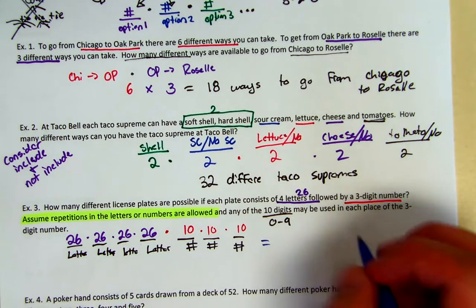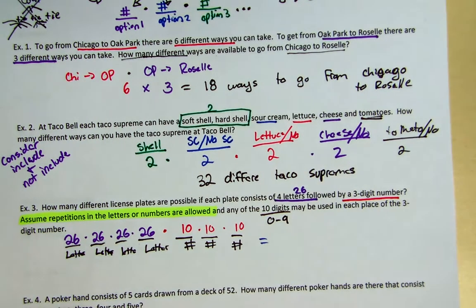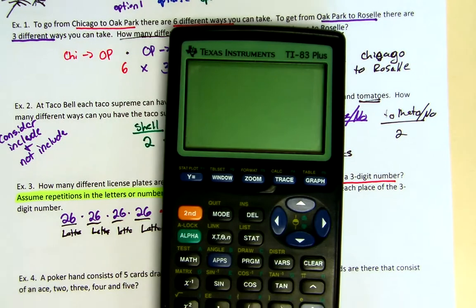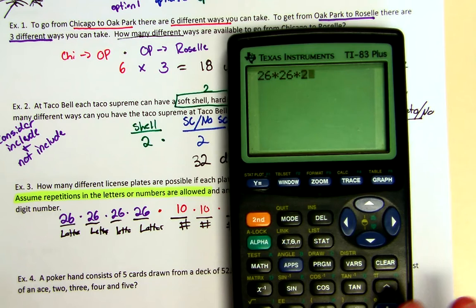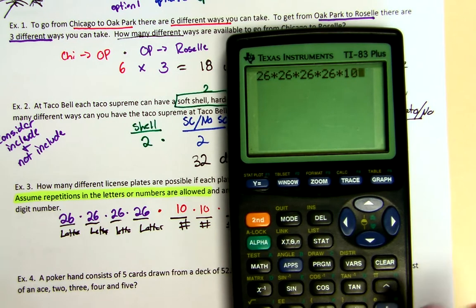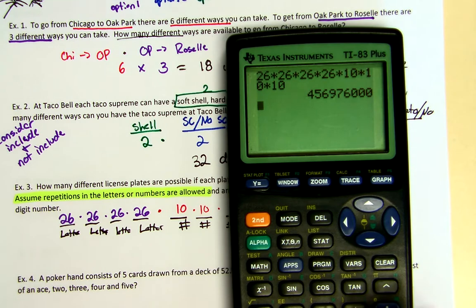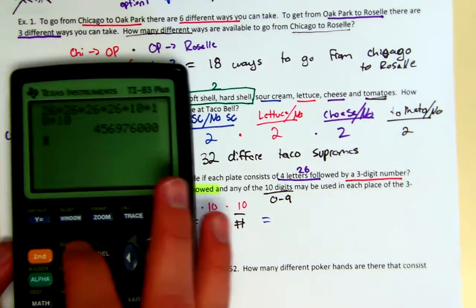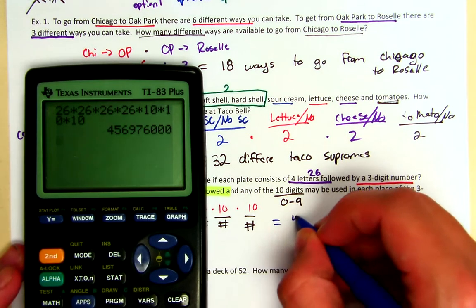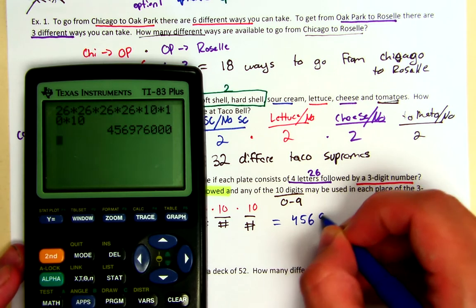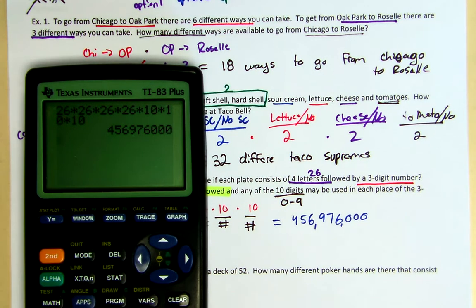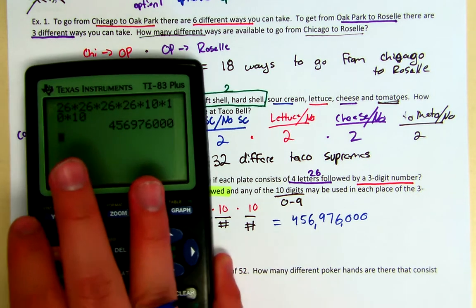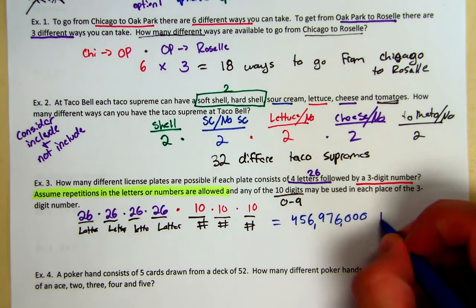If we multiply that all together, I'm going to need the calculator for this one. 26 times 26 times 26. And just be careful about how many times you've entered things. So we have a huge number of license plates that are possible: 456,976,000 license plates.